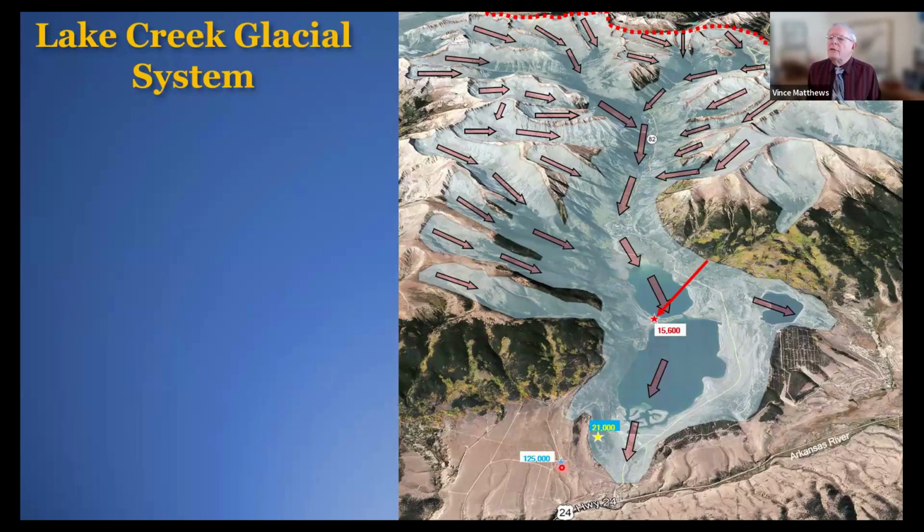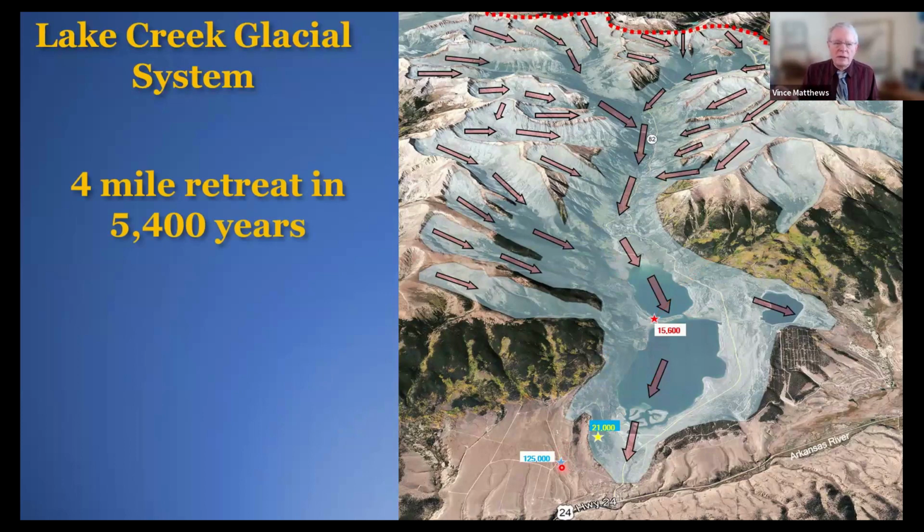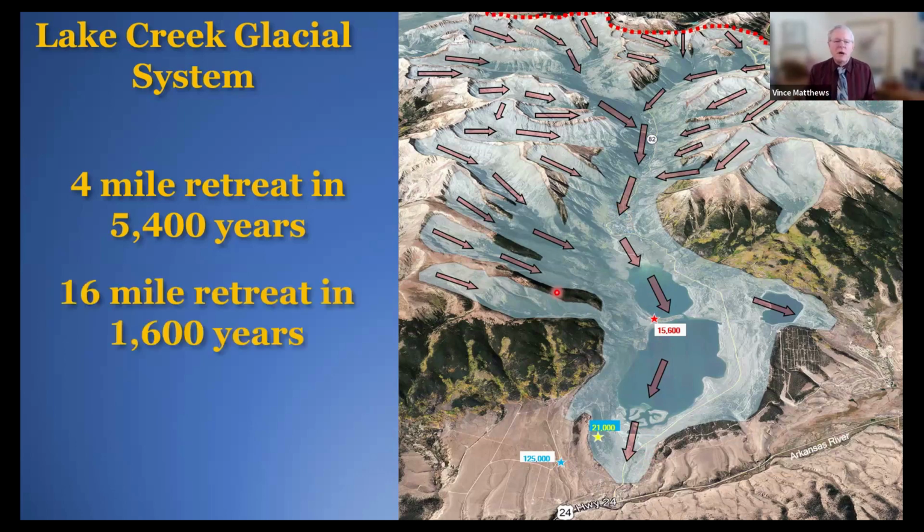So the 14,000 up in the upper right that we saw, we had a 4-mile retreat from this end back to the recessional moraine here. And that occurred in 5,400 years. So then we had a retreat on back to the Cirque, and that was a 16-mile retreat in only 1,600 years.